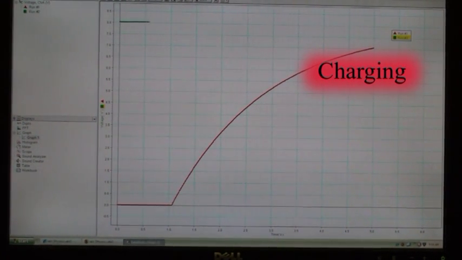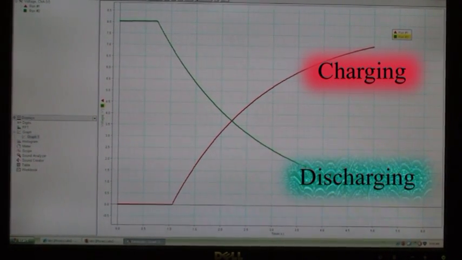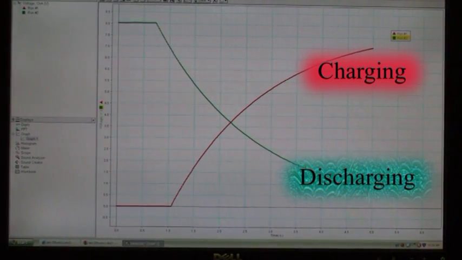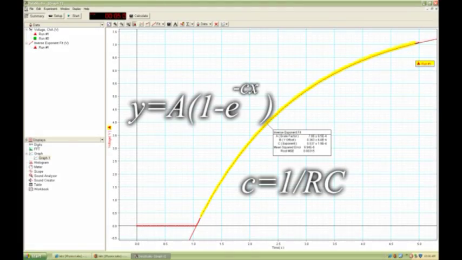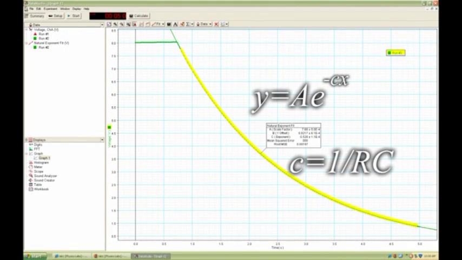And here is the voltage as the capacitor is discharged. If we fit an inverse exponential to the charging capacitor data, we can determine the RC time constant. Fitting a natural exponential function to the discharging capacitor yields the same RC time constant.